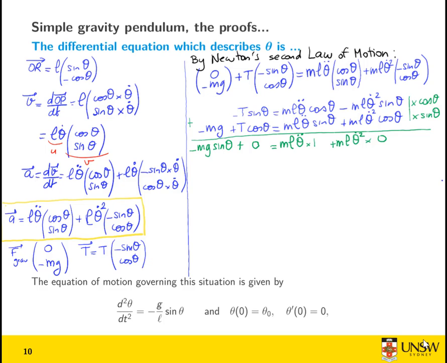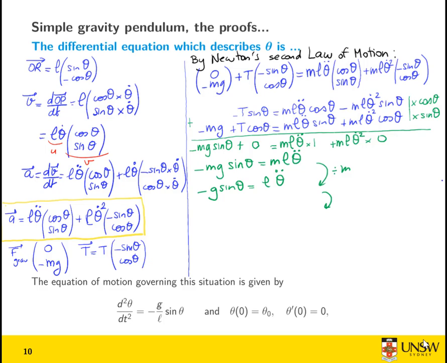So in the end, what we get is minus mg sine theta is equal to ml theta double dot. We see that there is an m on both sides, so we can just divide by m. And we get minus g sine theta is equal to l theta double dot.